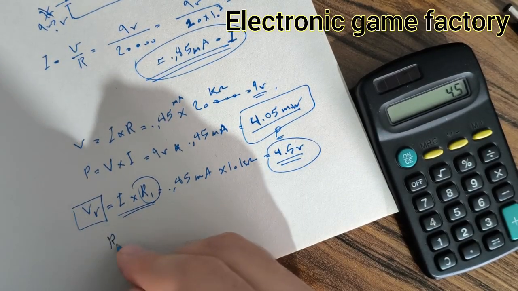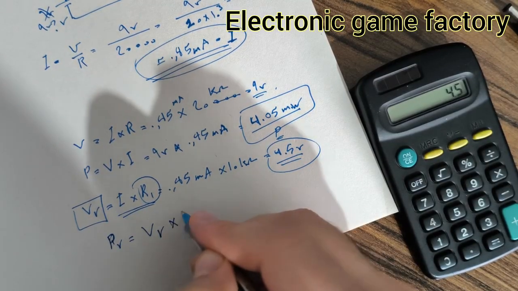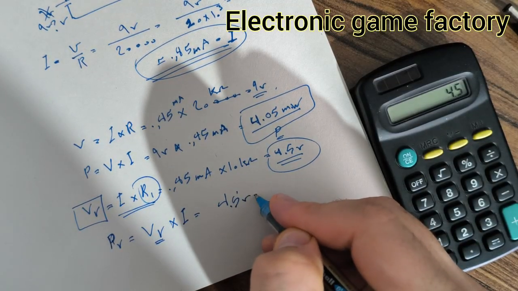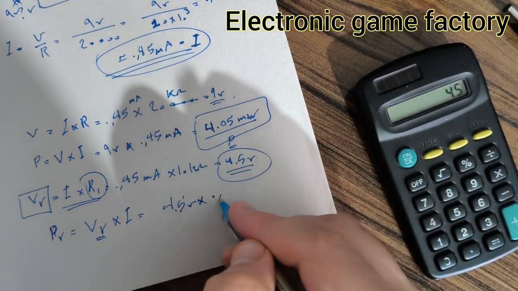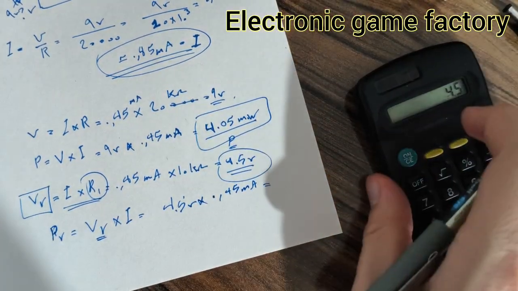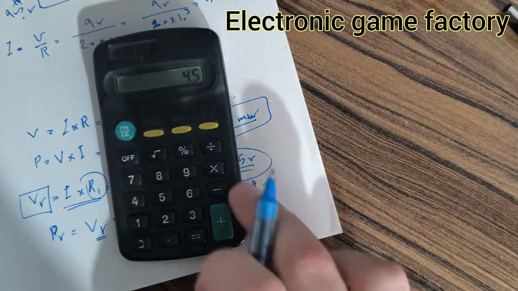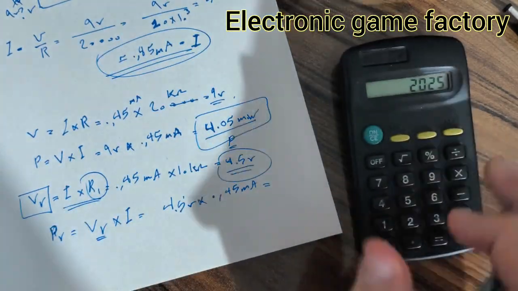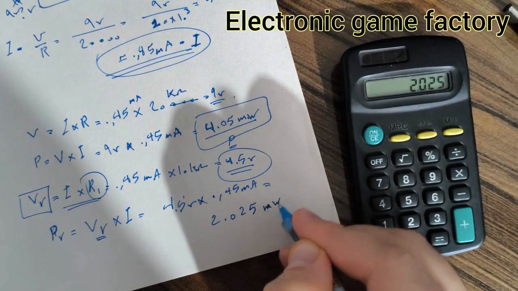For example, PR is VR times I. So this one is 4.5 volt times 0.45 milliampere, and 4.5 times 0.45 is 2.025 milliwatt.